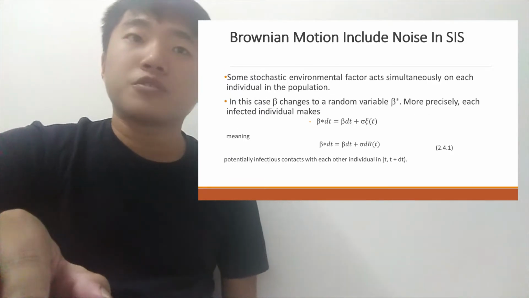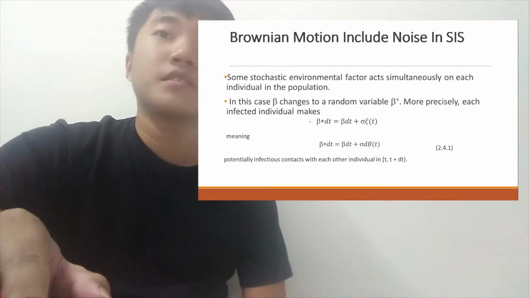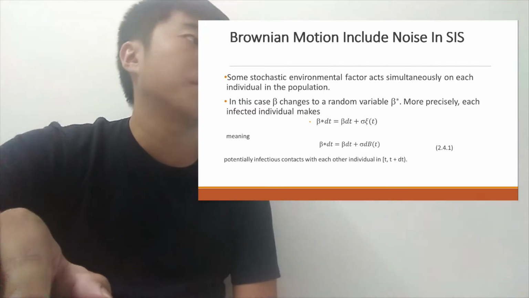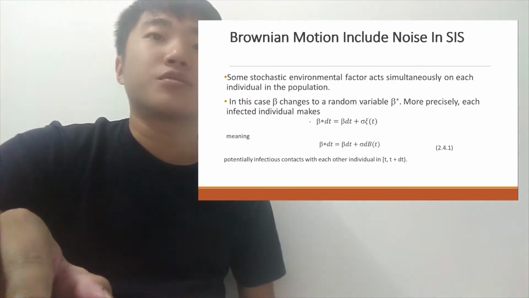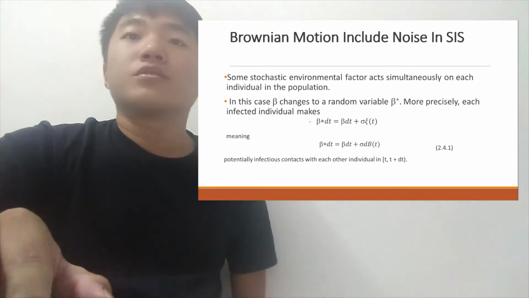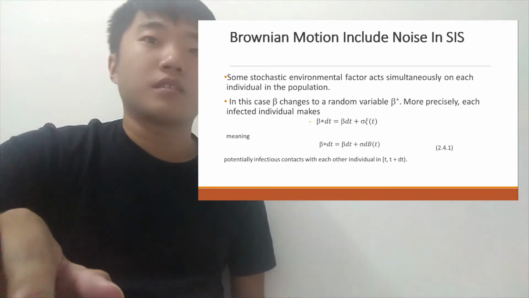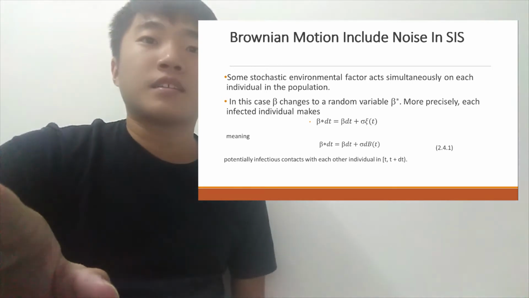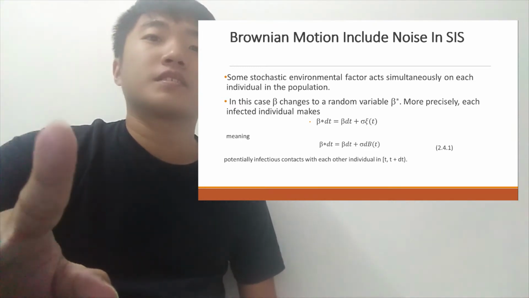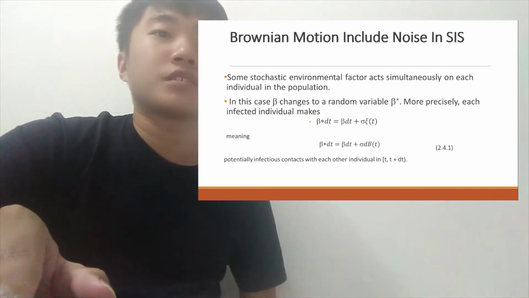Some stochastic environmental factor acts simultaneously on each individual in the population. In this case, beta changes to a random variable. More precisely, each infected individual makes potentially infectious contacts with each other individual in [t, t plus dt] according to beta dt plus sigma dB(t).